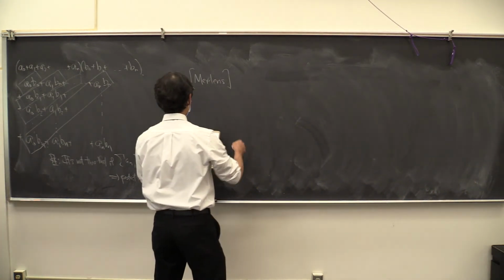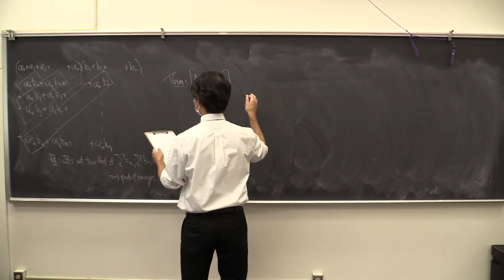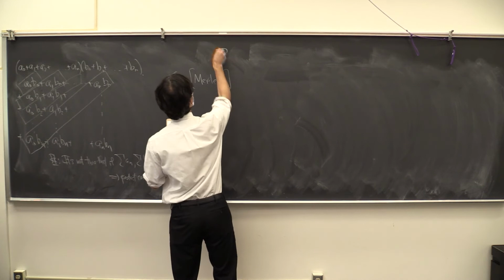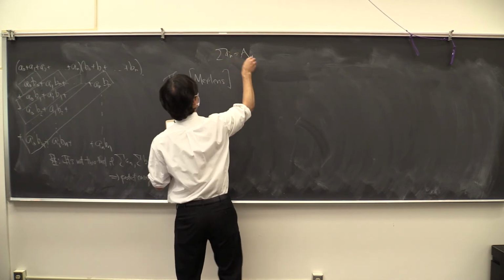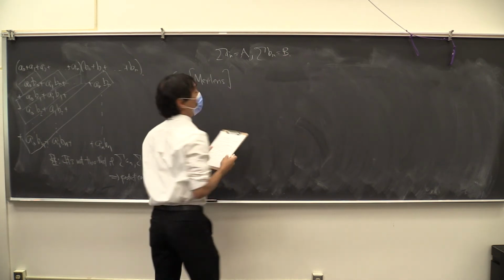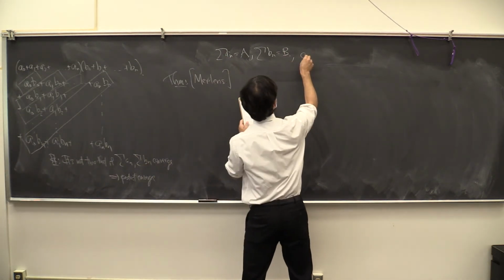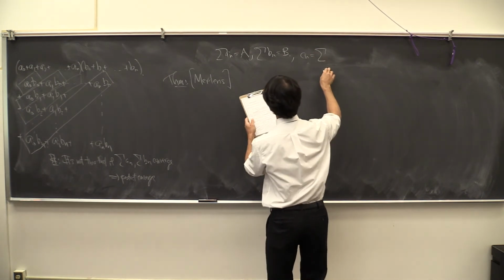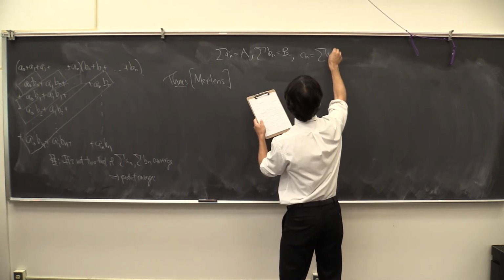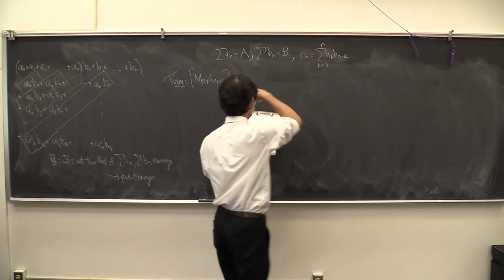Okay, so here it is. Same notation as before. You have two series, and both of them converge, and you let c sub n be the Cauchy product.